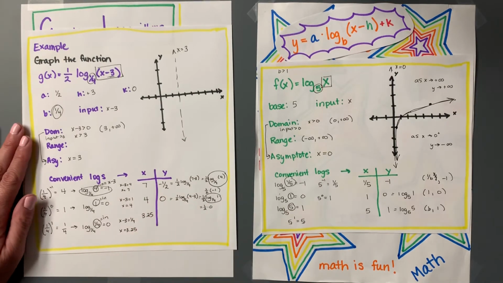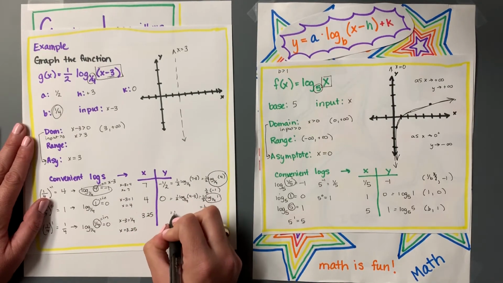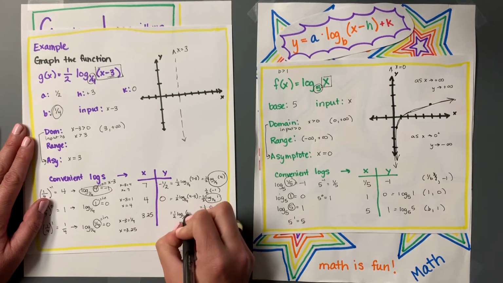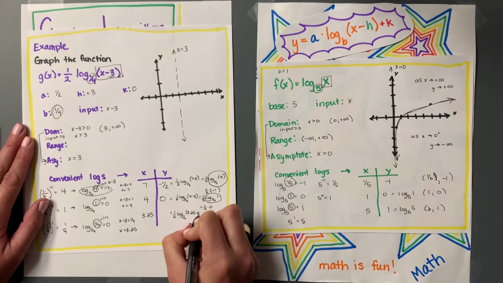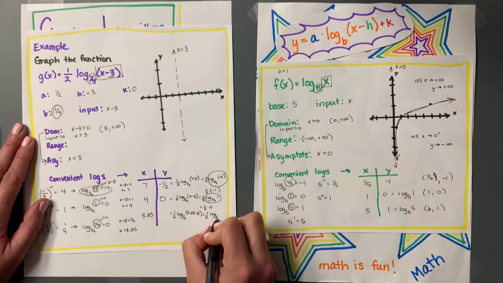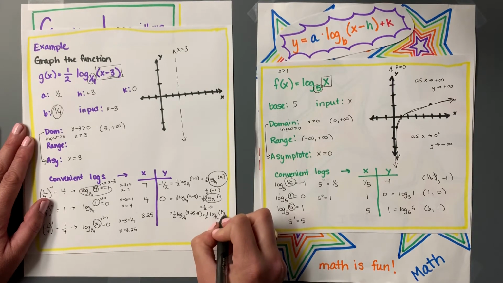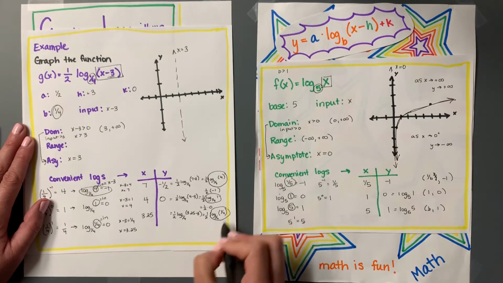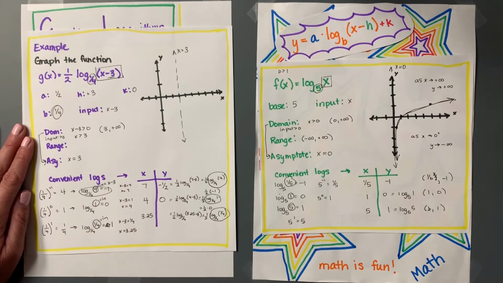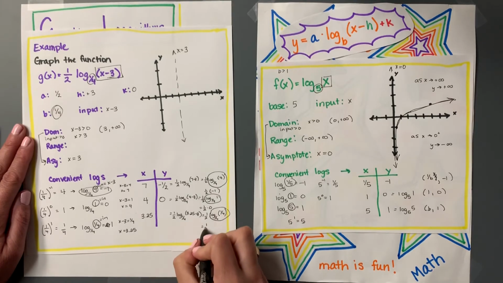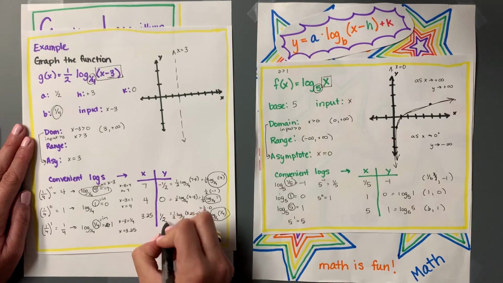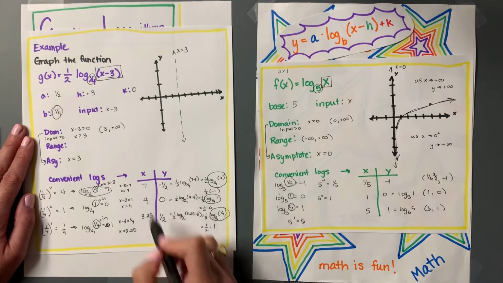So if I plug in 3.25 for x, I've got 1/2 log base 1/4 of 3.25 minus 3, which is 1/2 times log base 1/4 of 1/4. I know that this is not equal to 0. That should be equal to 1. So this is 1/2 times 1. This is 1/2.